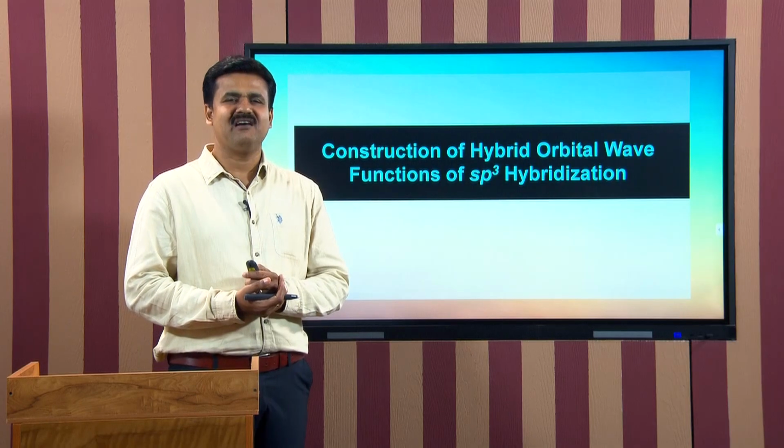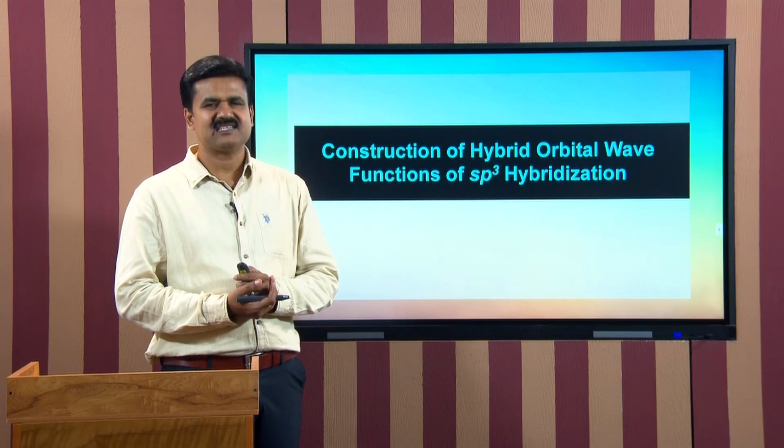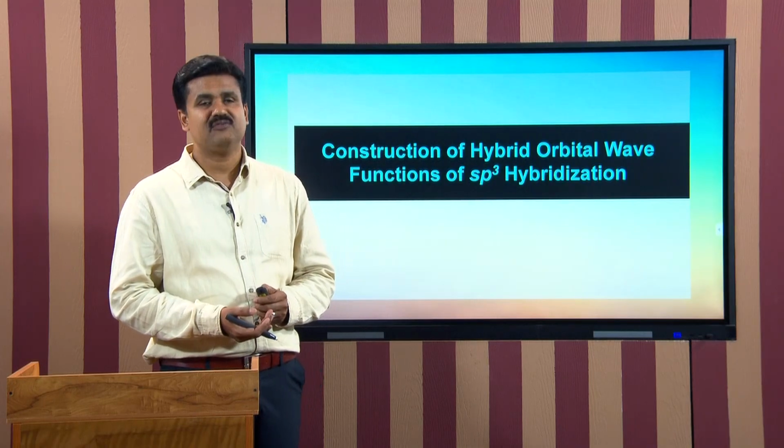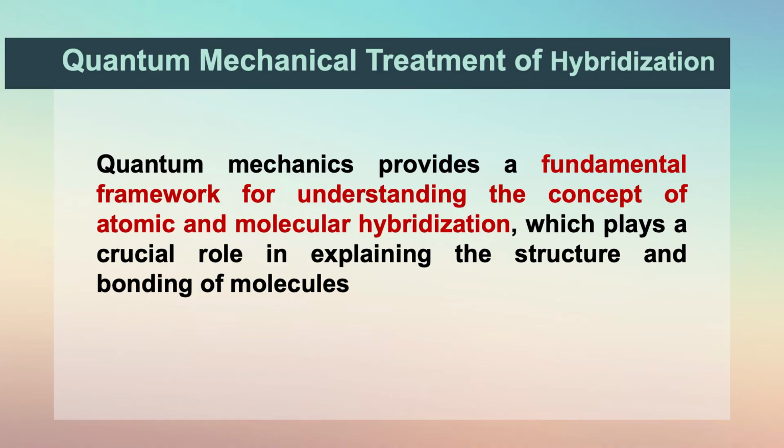So, we get 4 sp3 hybrid orbitals, and hence we have to construct 4 sp3 hybrid orbital wave functions. Quantum mechanics provides a fundamental framework for understanding atomic and molecular hybridization, which plays a crucial role in explaining the structure and bonding of molecules.